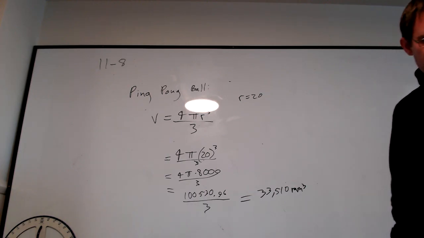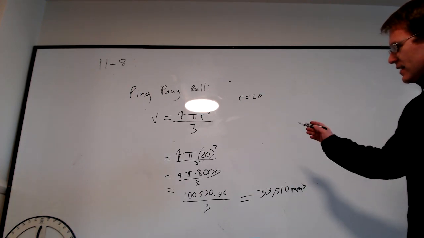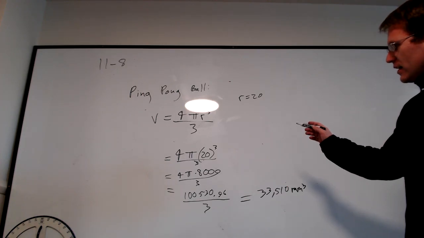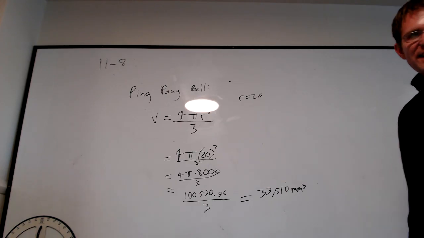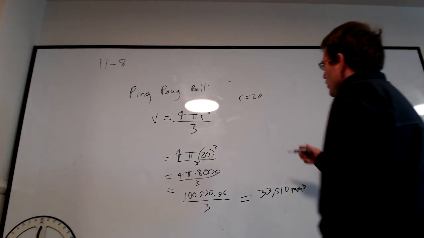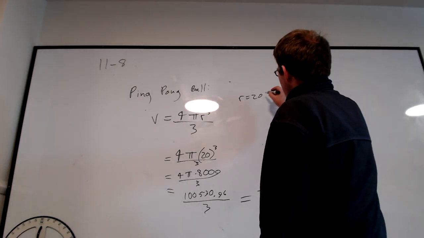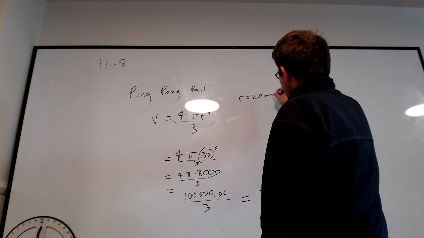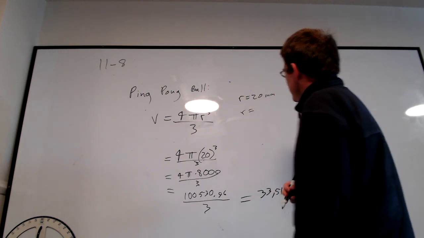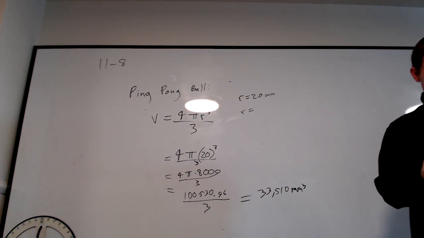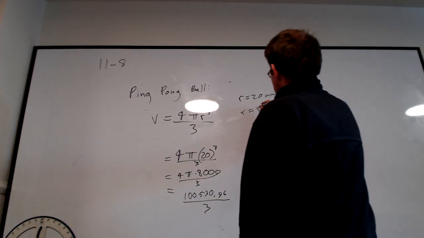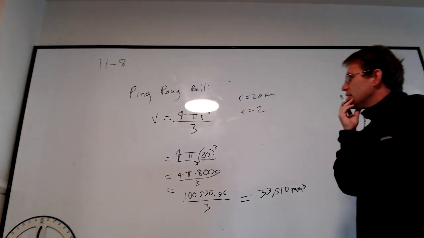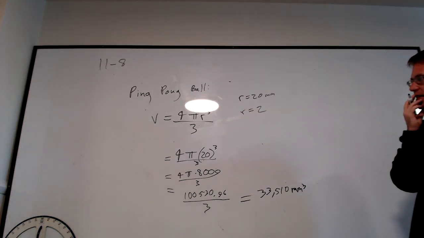Okay, so let's try something different here. What happens if instead of doing this in millimeters, we do it in centimeters? If this is in millimeters, what is the radius in centimeters? 2, because there's 10 millimeters in each centimeter. Correct.